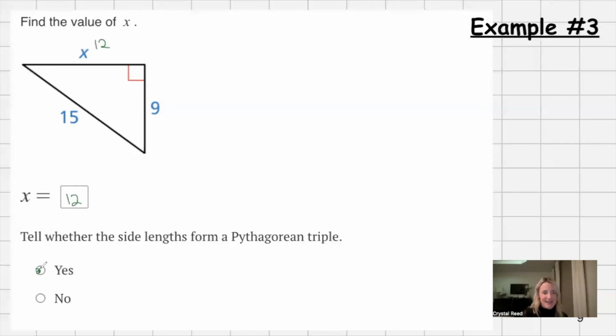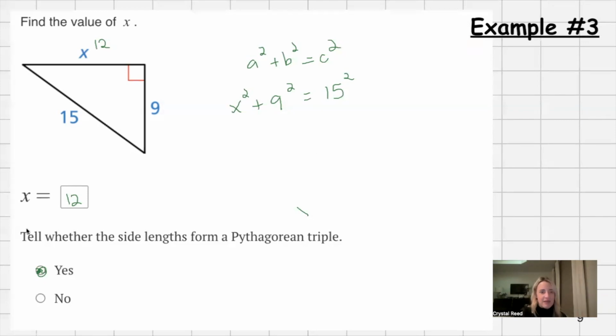Yes, it was a Pythagorean triple because we would do a squared plus b squared equals c squared. The c is 15 in this case. A and b are x squared plus 9 squared. And then you'd go ahead and finish those off and figure out what x is. But since we knew those Pythagorean triples, it made it quite a bit easier, right?